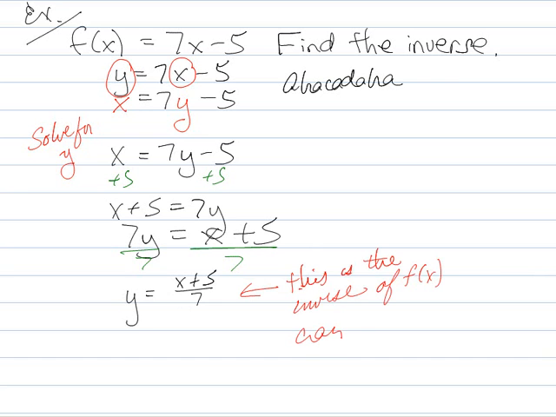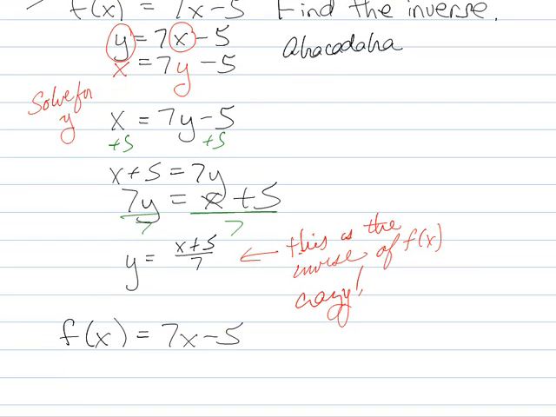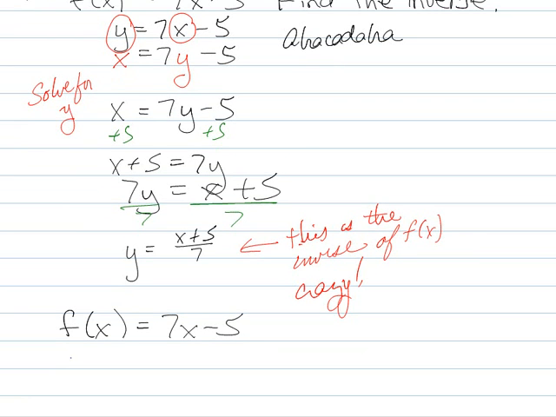Crazy, right? So actually, given f of x equals 7x minus 5, f inverse of x is equal to x plus 5 over 7.